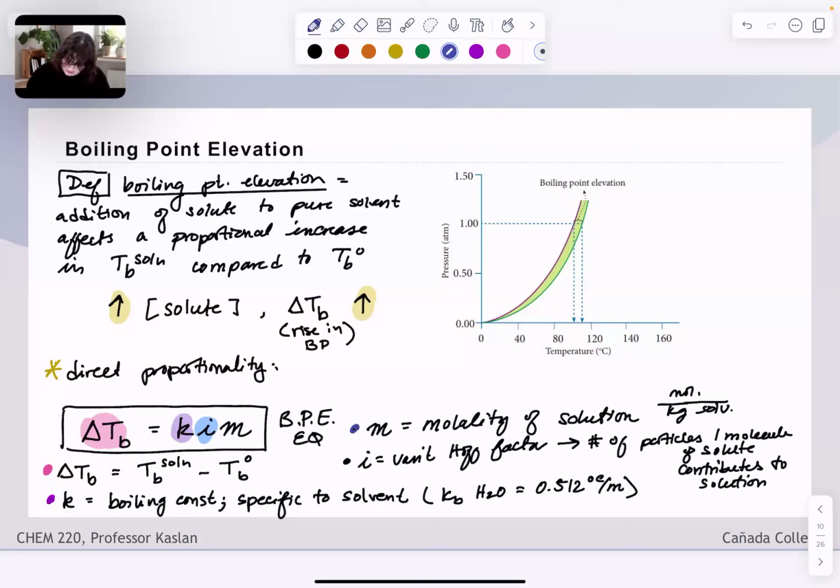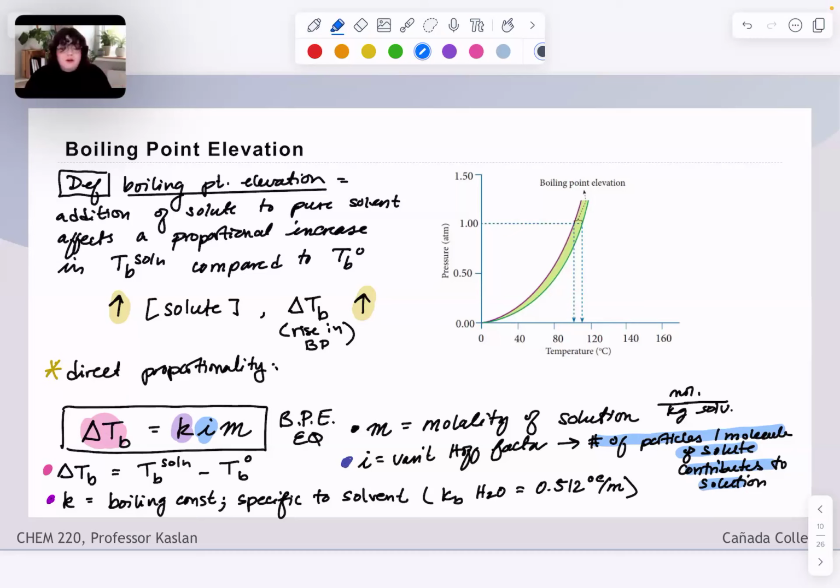If you are looking at a polar covalent solute in water, van't Hoff factor is 1, right? There's no dissociation. So maybe just to highlight here. Oh, I have that backward. That's not blue. There we go. Blue is here. So van't Hoff factor, number of particles that one molecule of solute contributes to solution. So like sucrose, for example, which we've talked about a lot in this conversation.